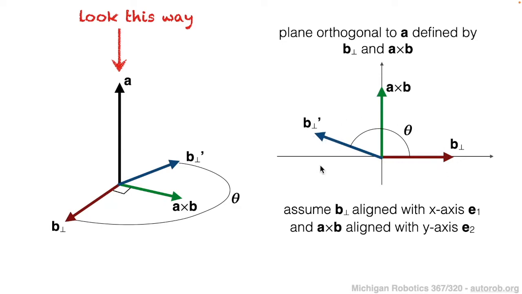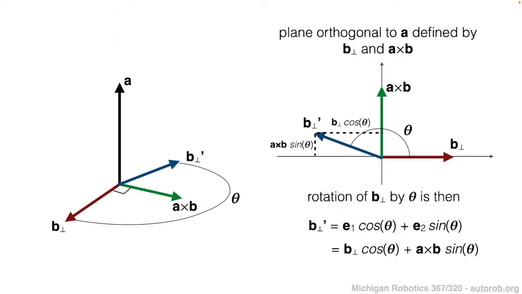This can be calculated just from trigonometric and geometric properties, so the equations here on this slide are a standard application of trigonometric functions to directly calculate the B orthogonal prime.